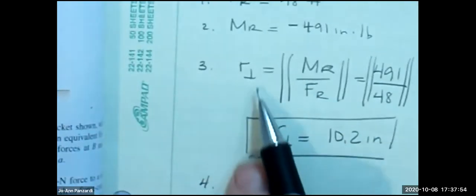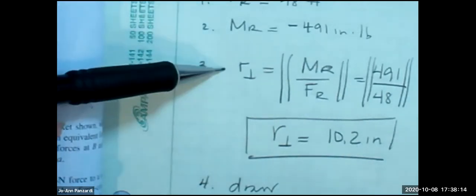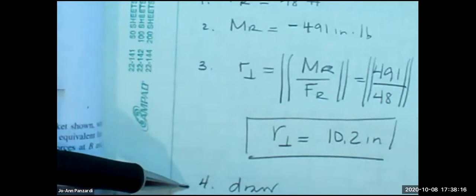Find the resultant moment, which is a negative 491 inch-pounds. Third step, find the perpendicular distance. The perpendicular distance is 491 divided by 48, and it comes out to be 10.2. So we found the resultant force, the resultant moment, solved for the perpendicular distance, and the last step is to draw it.